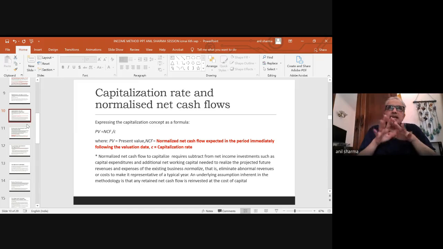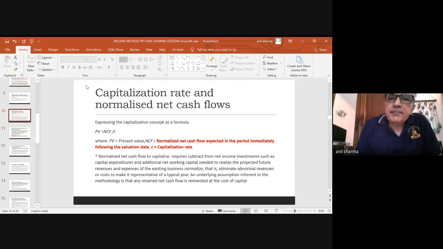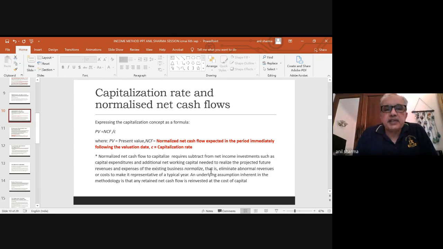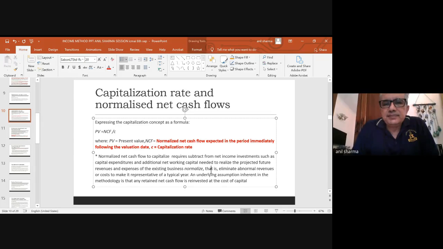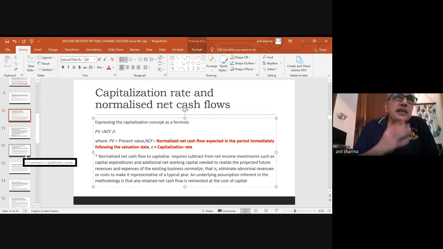So the net normalized cash flow concept is the normalized net cash flow expected in the period immediately following the valuation date. Normalized cash flow means you're taking out additional capital expenditures and any additional net working capital needed to realize the projected future revenues, right? So those have to be taken out. This is another adjustment that you need to do in the normalized net cash flow.